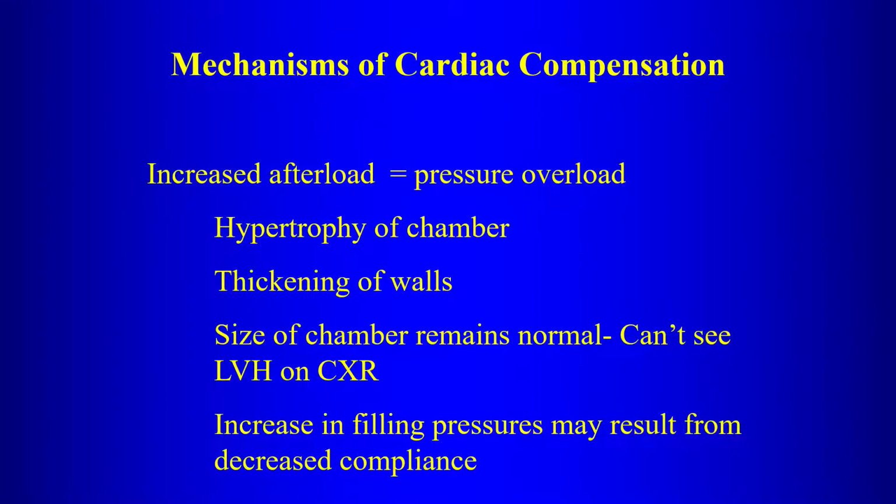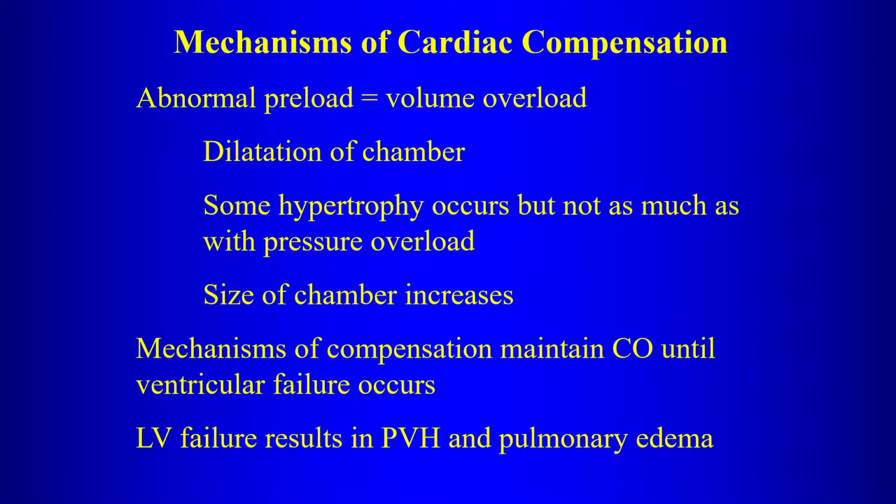So mechanisms of cardiac compensation. If there's increased afterload, and there's pressure overload, we get hypertrophy of chambers, thickening of walls. The size of the chamber remains normal. We can't see left ventricular hypertrophy on a chest radiograph. We can have an increase in the filling pressures because of decreased compliance as a result of the hypertrophy. Abnormal preload, we get volume overload.